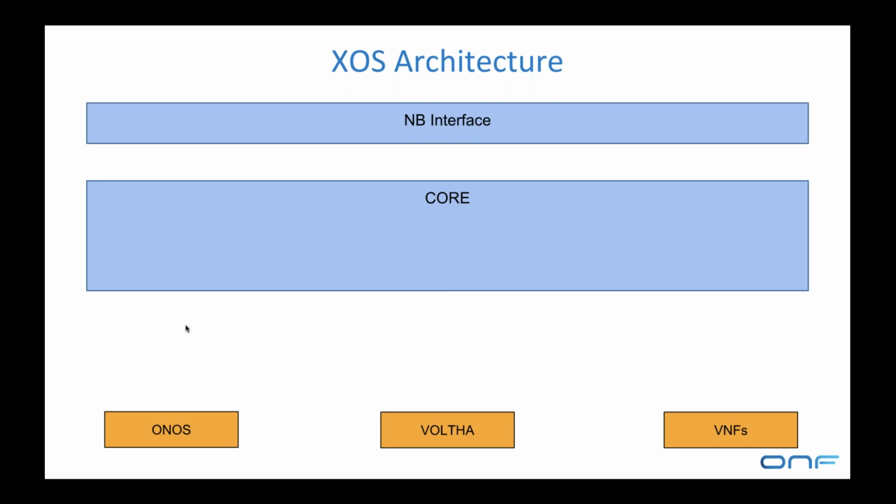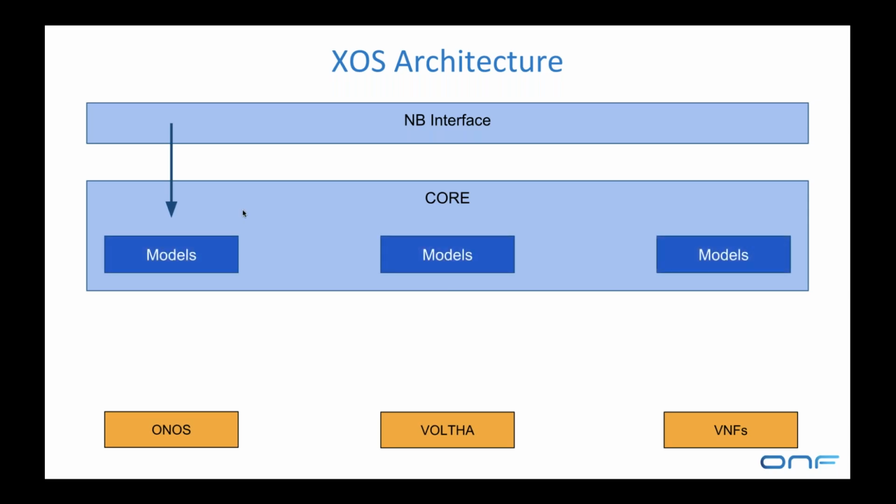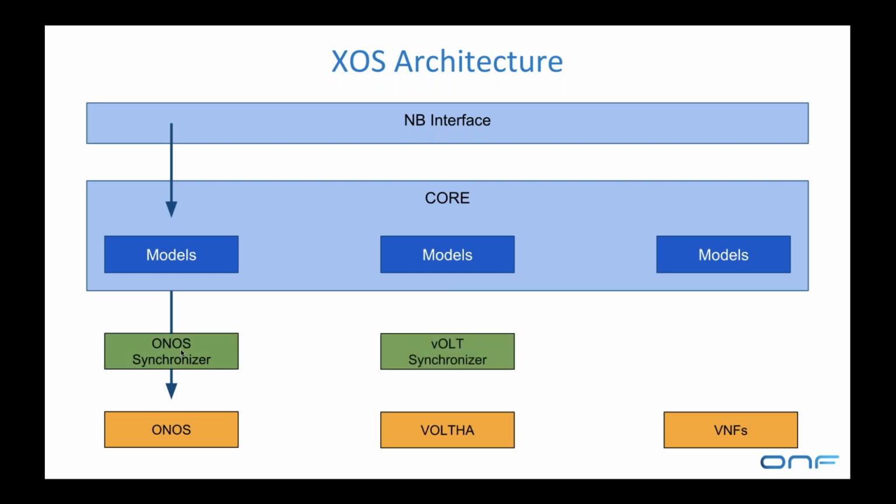So a set of instructions comes from the northbound, whatever the entry point is, and it applies some changes to the models. These changes in the models need somehow to be pushed down to the backend, and this is when the synchronizers play those roles.